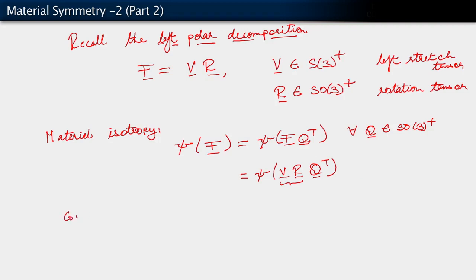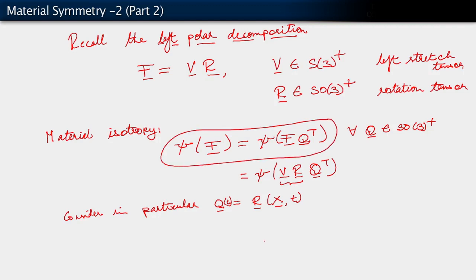consider in particular Q which is equal to R at the point of interest and the time of interest. Suppose that Q is such that at the time of interest, it coincides with the rotation tensor at the point for which you want to apply these arguments. We know that that particular Q is also included among all those that must satisfy this relation.